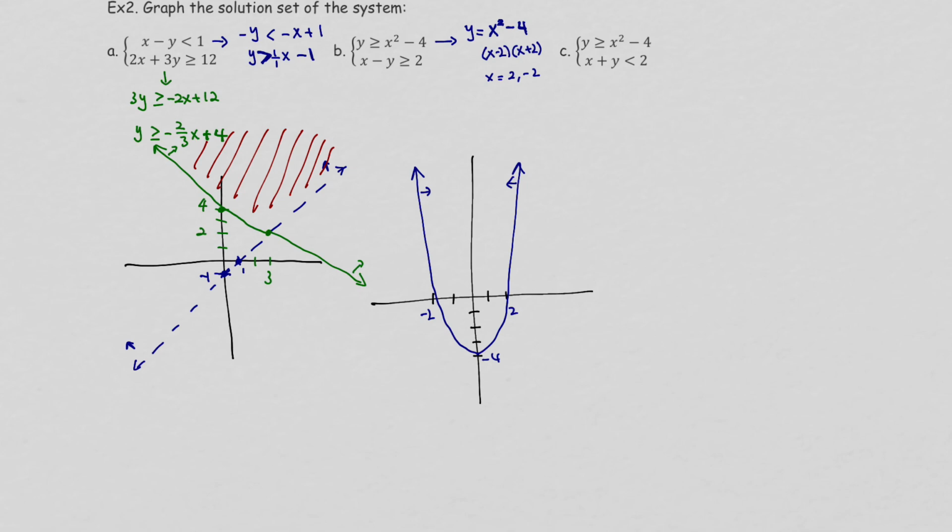Let me draw the linear line, right? So that will be negative y minus x plus 2. Let's solve for y by dividing by negative 1, which gives you positive x minus 2. So your y-intercept is negative 2, slope 1, go up 1, move right 1.